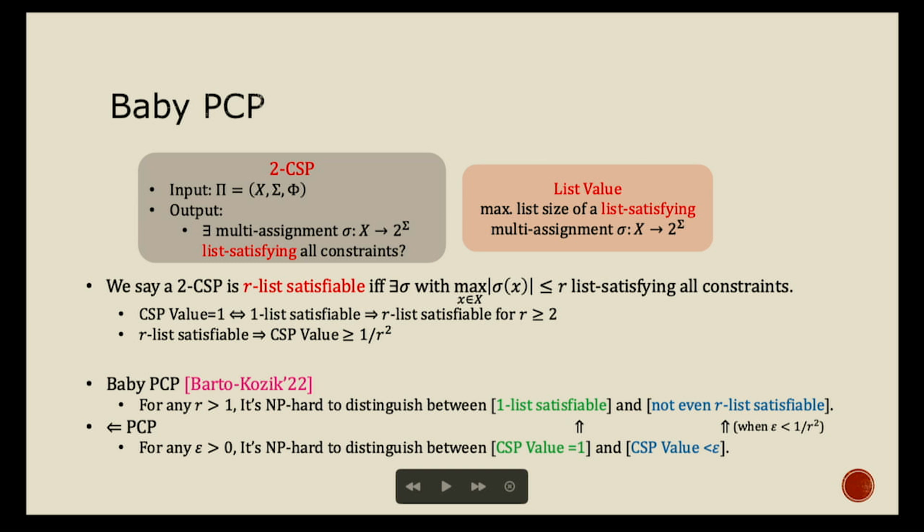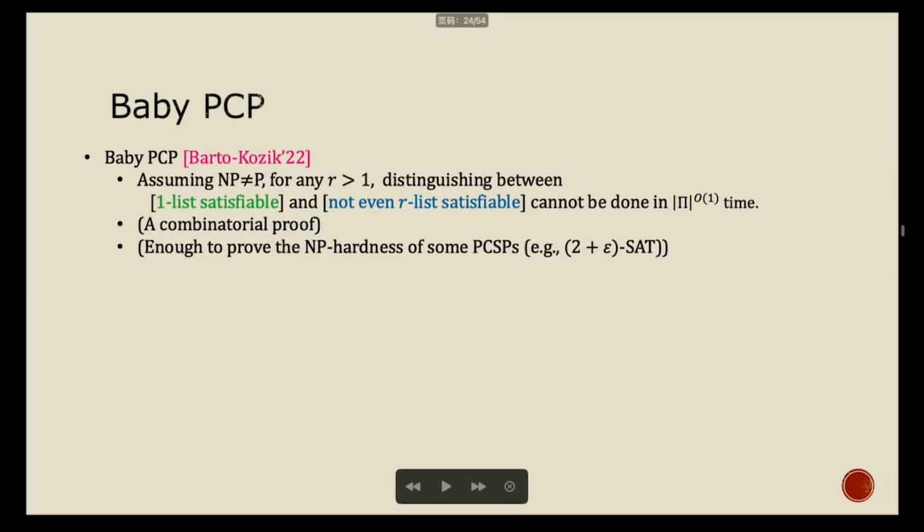Thus, it is easier to prove than the normal PCP theorem. So Barto and Kozik gave a fully combinatorial proof, which is very simple, for the Baby PCP theorem. And they also showed Baby PCP is already enough to get us some NP-hardness of some promise CSPs, like 2-plus-epsilon SAT.